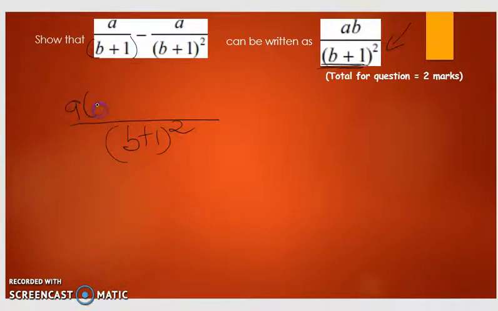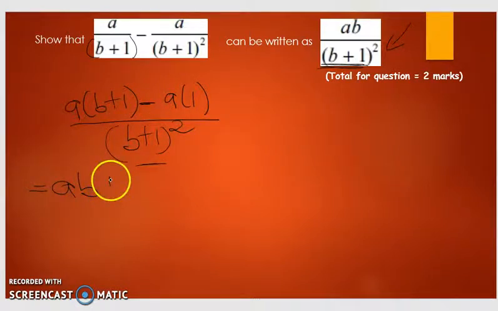So multiply your a by b plus 1. You ask yourself the same question on the right-hand side. How many times will b plus 1 squared divide into b plus 1 squared? And it will be 1 time, isn't it? So you do your a times 1. Okay, so expand your numerator.